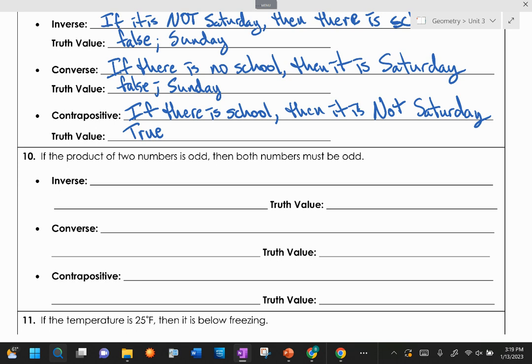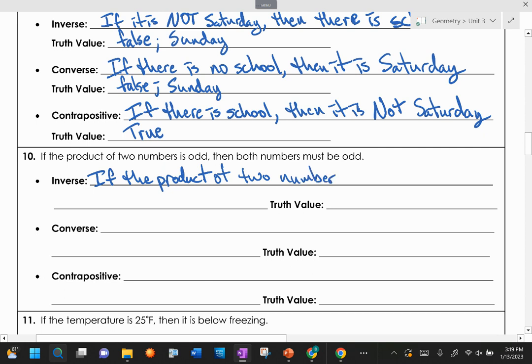Okay. Inverse on number 10. Yeah, go for it. If the product of two numbers is not odd, then both numbers must not be odd.